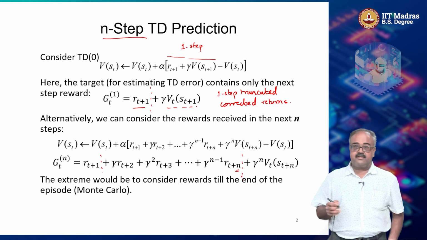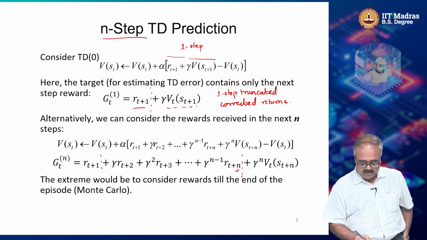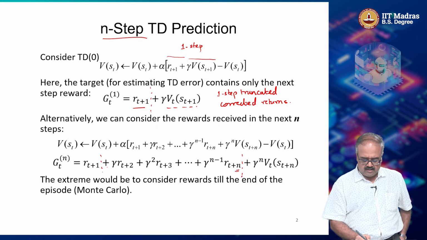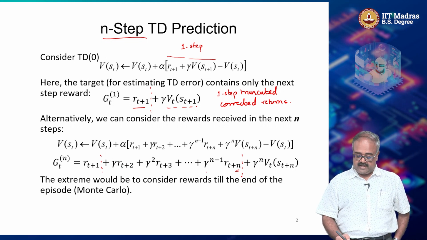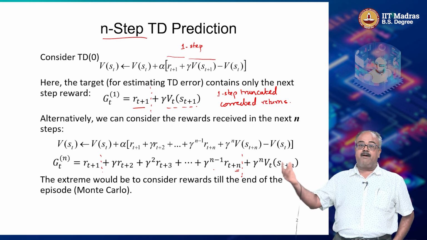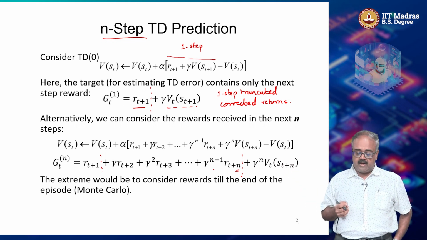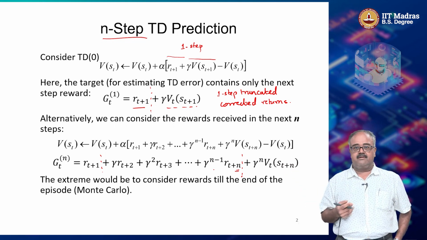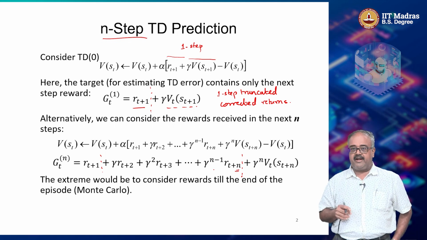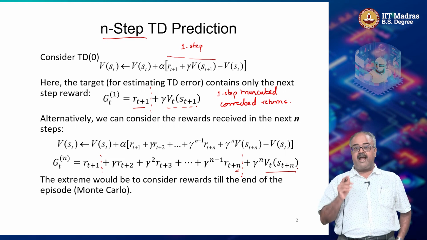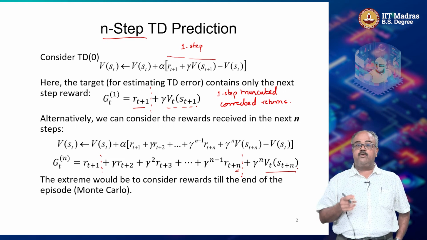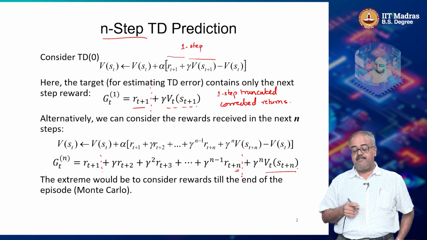Since it is a discounted return we are looking at, we are going to get R_{t+1} plus gamma R_{t+2} plus gamma squared R_{t+3}, and so on and so forth until gamma to the power n minus 1 R_{t+n}. That is essentially how many terms will go, and then we will correct it by adding the value function of the state you encounter at time t plus n, after n time steps.